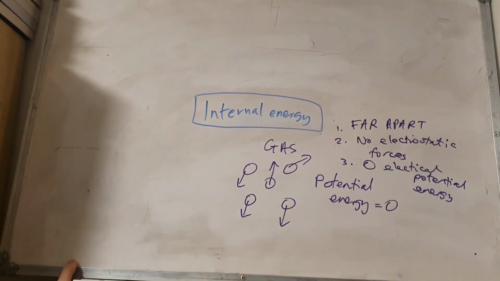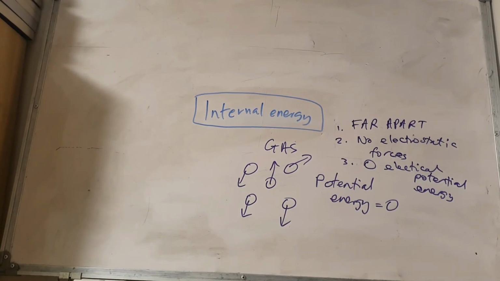So number one, it is far apart. Number two, there are no electrostatic forces. This is for an ideal gas. And the third point, because of those points, you assume that it has zero electrical potential energy.